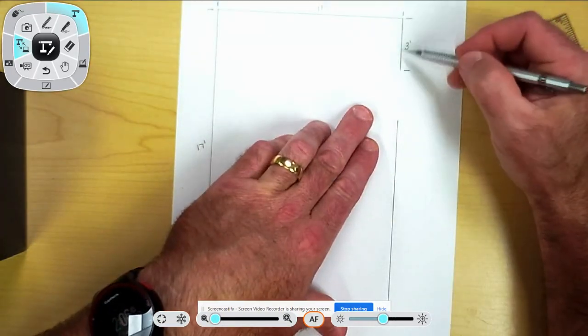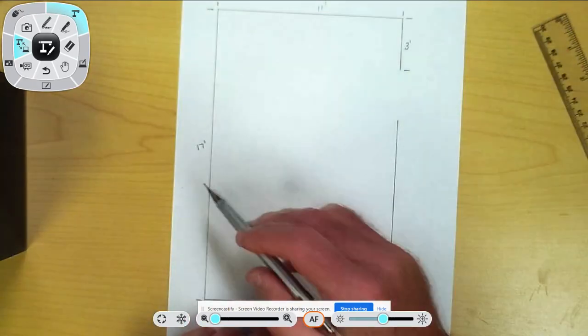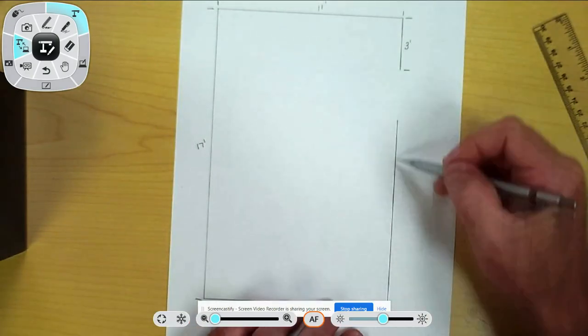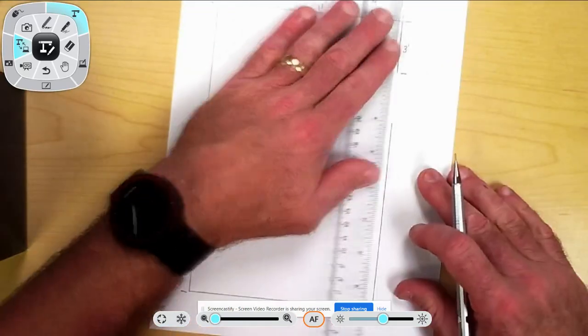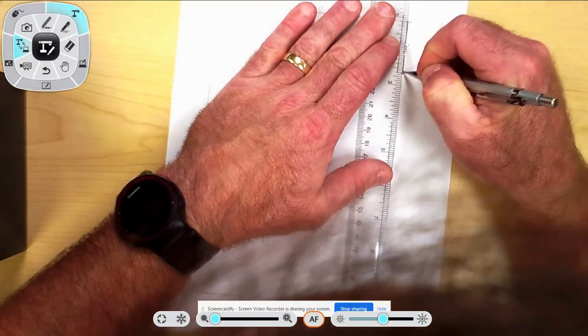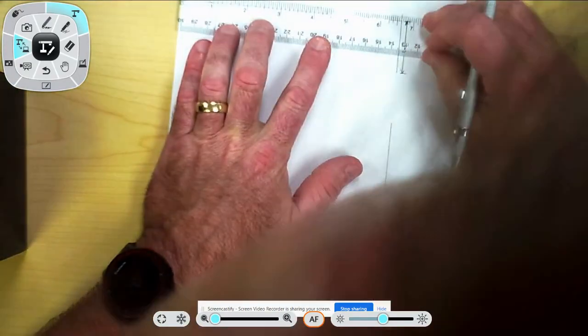If you know this is 3 feet, this part of the wall, and it's a 3-foot wide door, and it's 17 the whole way over here, what's this remaining wall going to be? So while I draw in my dimension lines, you can kind of do that math in your head or on a calculator, whatever you want to do, and we'll come back to it.